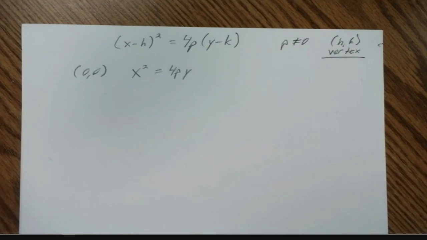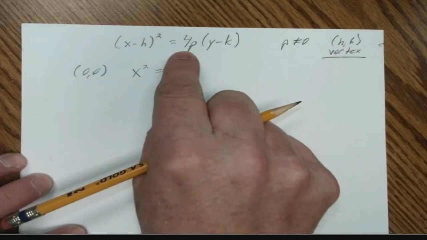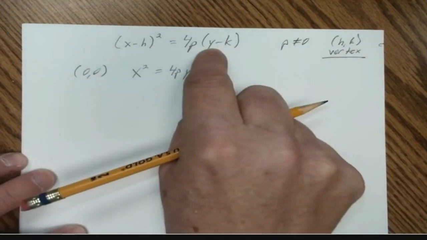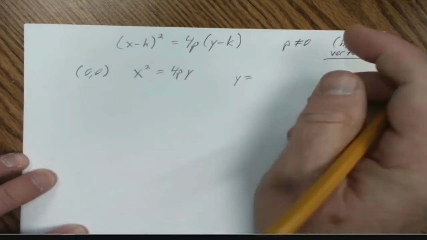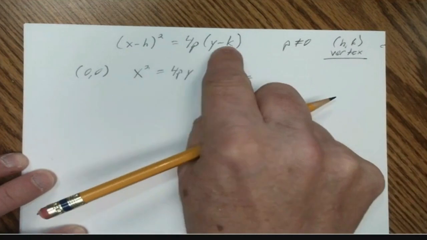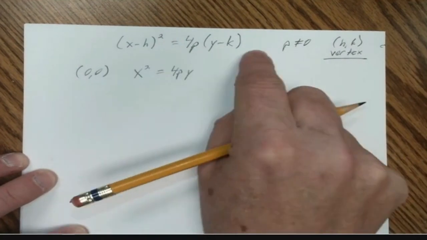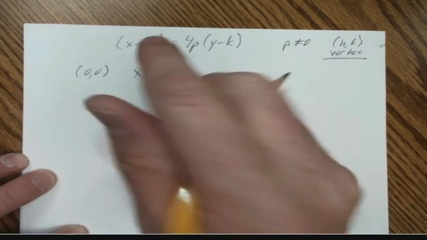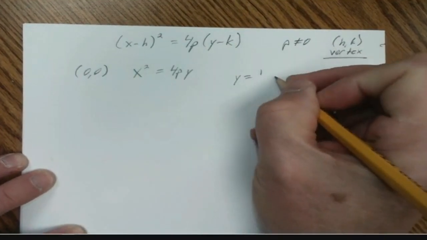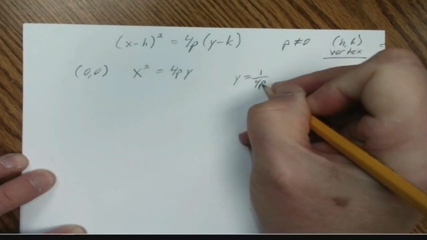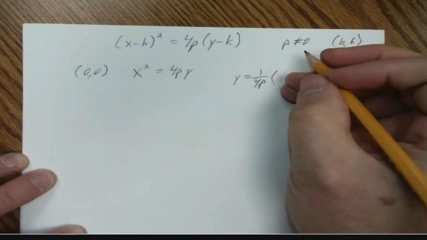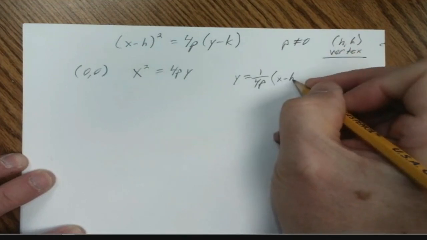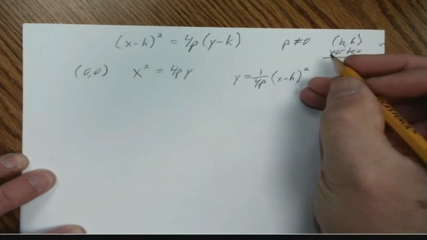They also give an alternate equation where they just divide by 4 and solve it for y. So you either have this equation, or if you like a y equals equation, the first thing you do is divide by 4, then divide by p, and move the k over, and it ends up 1 over 4p times (x minus h) squared plus k.